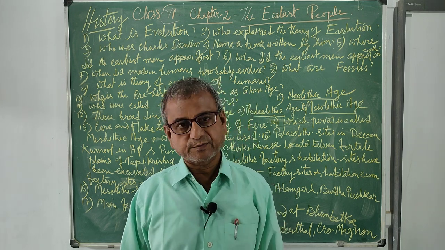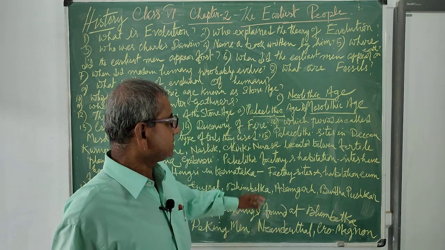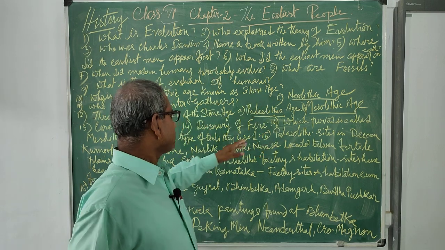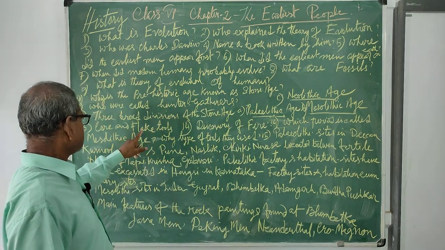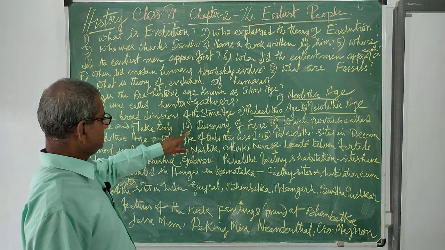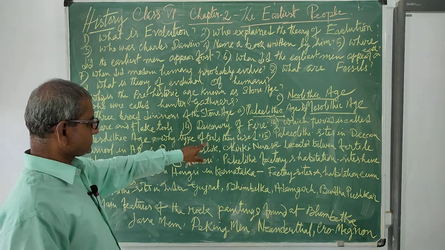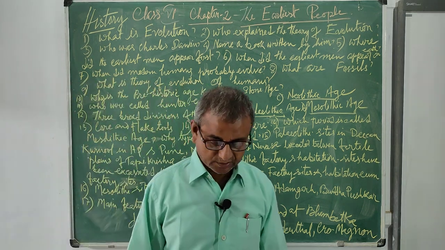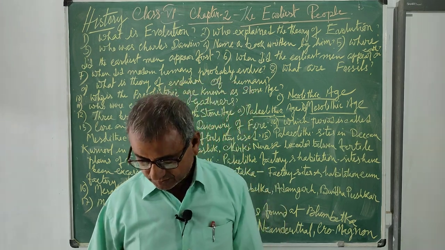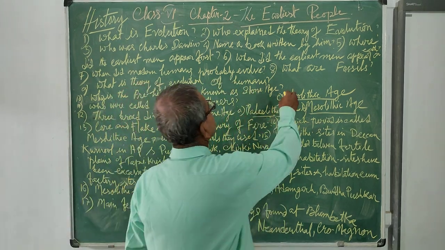The lifestyle of the people also changed. What types of tools did the Mesolithic people use? The tools are known as microliths.